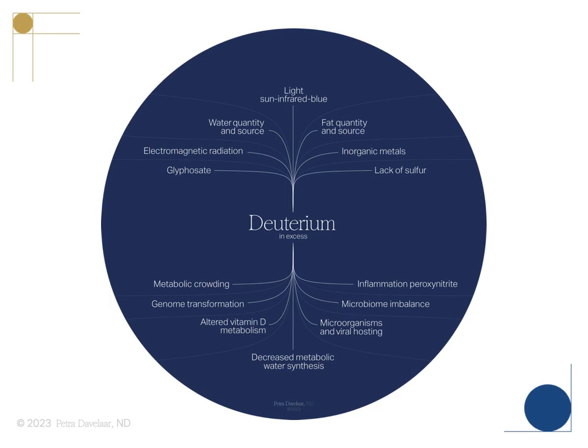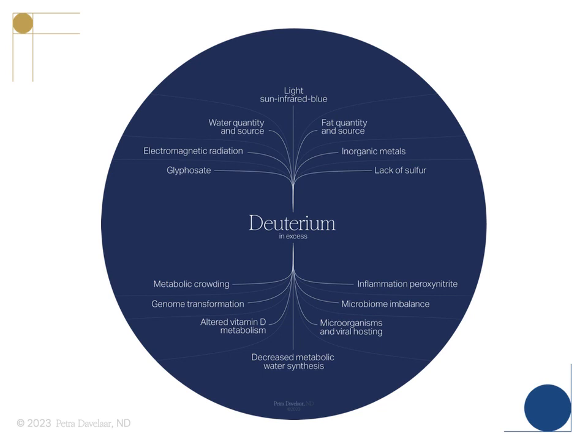Water quality and quantity, fat quality and quantity, and light spectra are the primary inputs that determine deuterium levels. Omnipresent glyphosate, electromagnetic frequencies, and inorganic metals affect submolecular regulation as well. Lack of sulfur and essential trace minerals further impair function and reduce metabolic water synthesis.